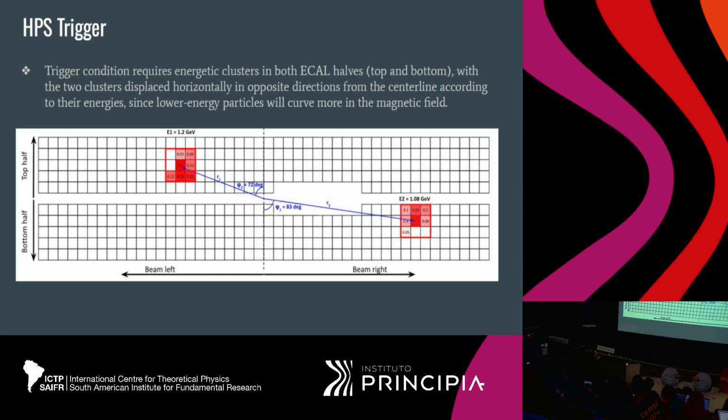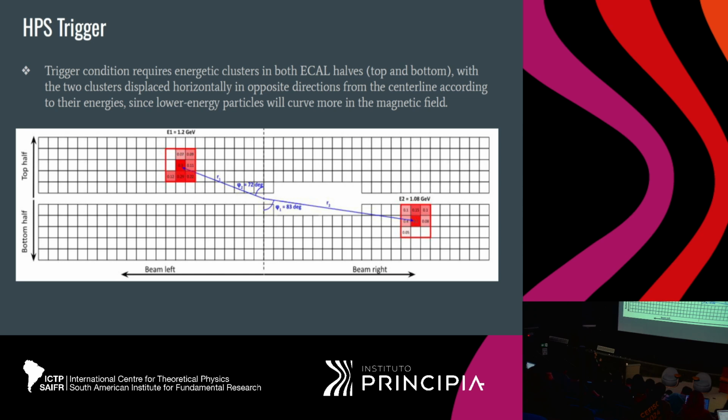Still one slide on the calorimeter, because as I said, it is used in the definition of the trigger of the experiment. So you are searching for electron-positron pairs. You know that they are emitted from the decay of a particle, so you are searching for the decay of a particle. So you may define conditions, for example, on the hitting position of the particle in the calorimeter, which are in agreement with the origin of the decay from a dark photon or not.